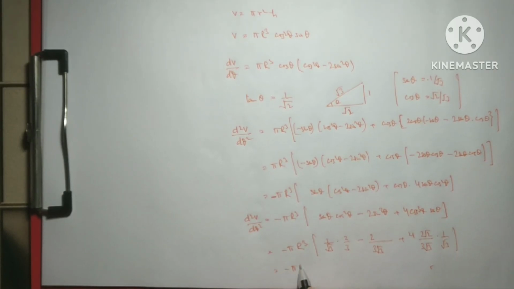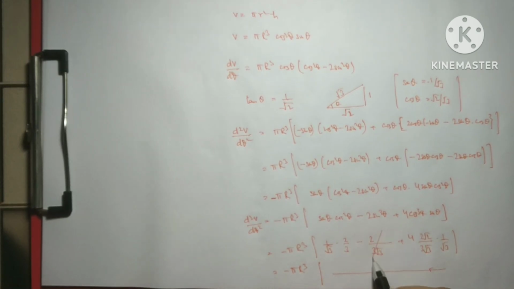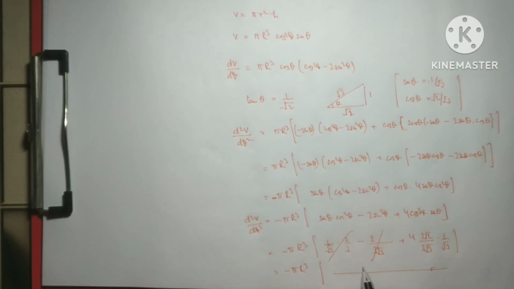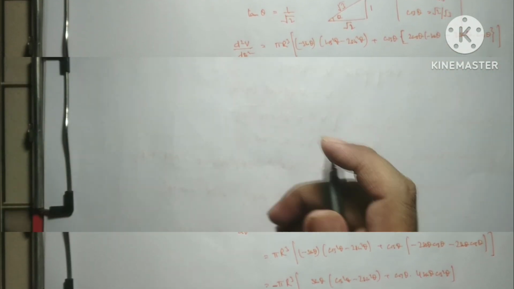So according to this, these will be cancelled out and we get 8 root 2 over 9 and pi r cube. On multiplying this we get negative.